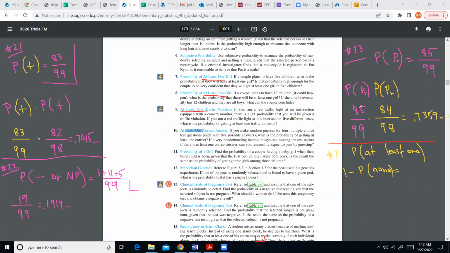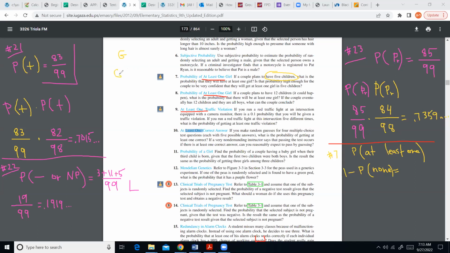In this exercise, they talking about 5 children. So for 5 children, if I'm interested in getting at least 1 girl, it means that we can consider the case that we have 1 girl. That's at least one or more.